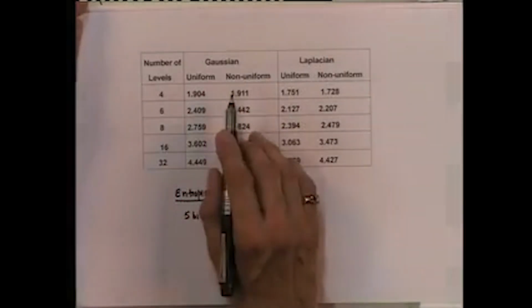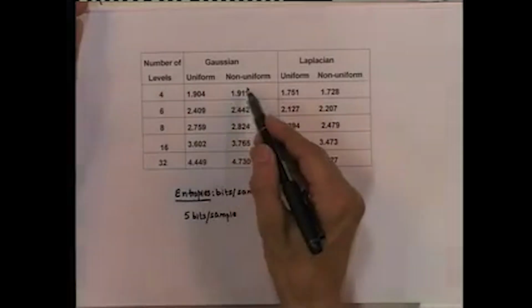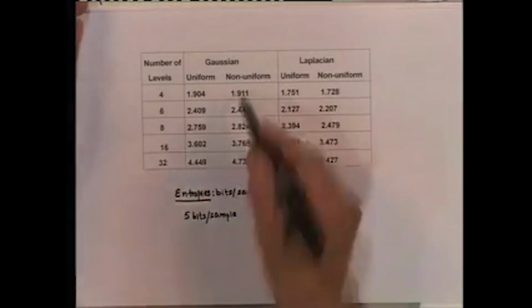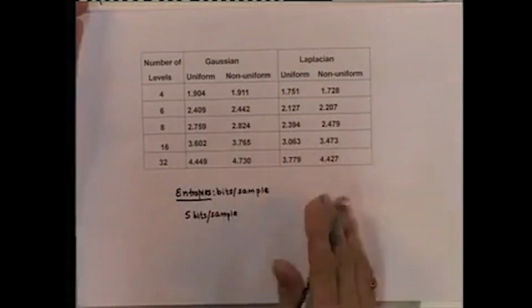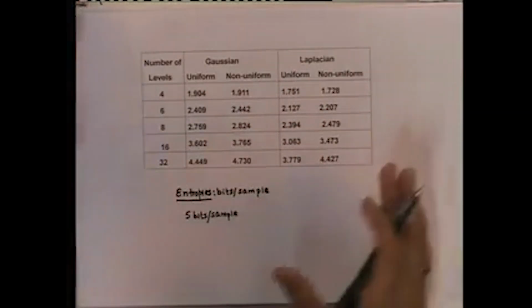Now, the reason for this is as follows. Non-uniform quantizers have smaller step size in high probability regions and larger steps in low probability regions. Therefore, the net effect is that the probability of input falling into a low probability region and the probability of input falling in a high probability region are approximately close together.